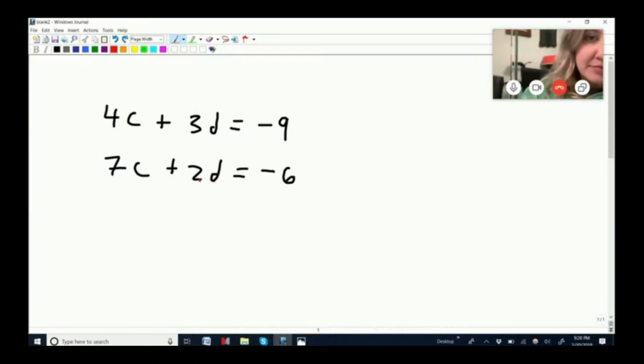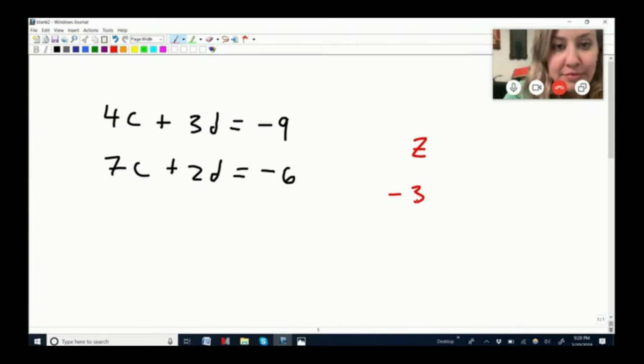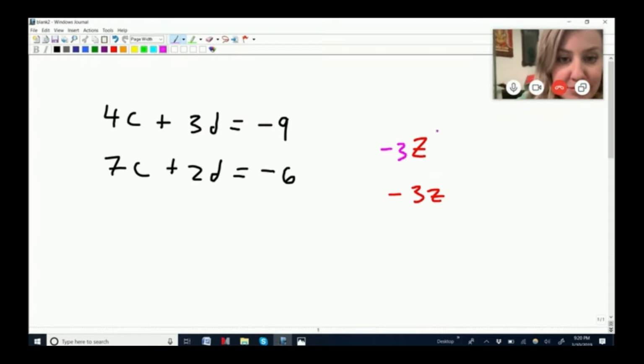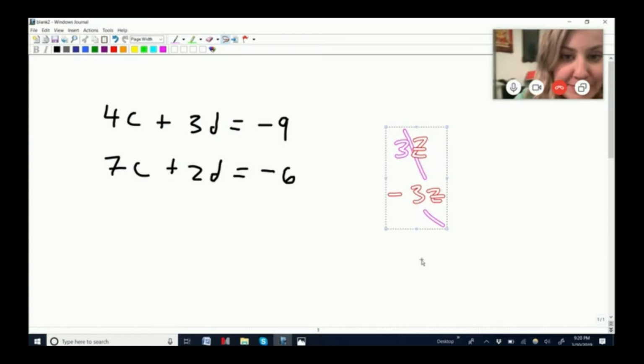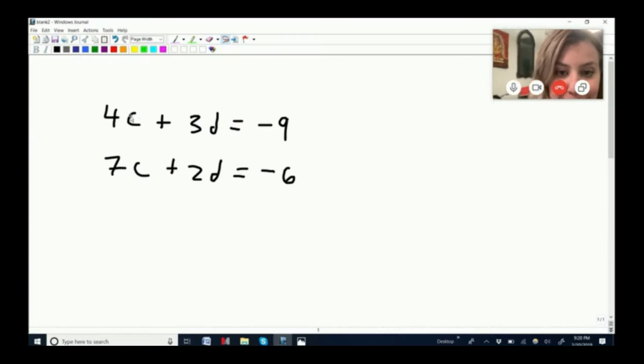Before, we had something like -3z, and all you had to do was multiply by +3 to cancel them. But now it's not so obvious. This is a slightly harder situation where you're actually going to have to multiply the top and the bottom equation by something.